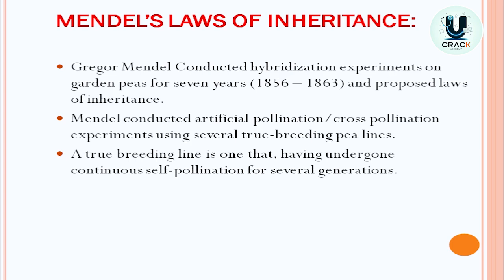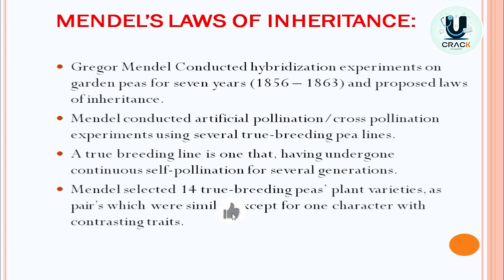A true breeding line is one that has undergone continuous self-pollination for several generations. Mendel selected 14 true breeding pea plant varieties, as pairs, which were similar except for one character with contrasting traits.